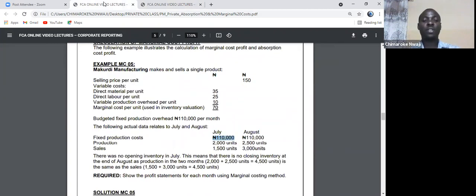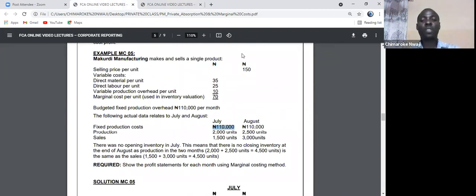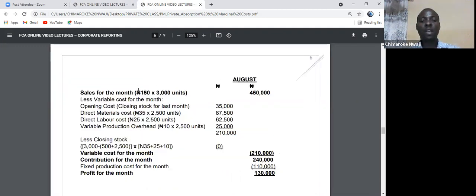For August, we still have the same selling price at 150, but we sold 3,000 units. So that's what we did here: 150 times 3,000 units, which gives me 450,000. And that's fine. Now, less variable cost for the month.